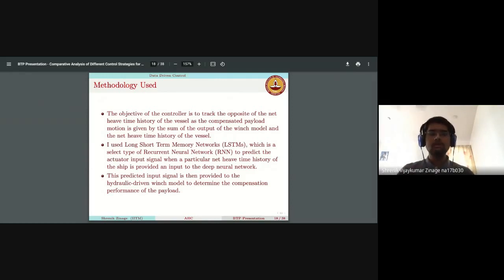I want the LSTM network to primarily learn that it should track this particular offset or that particular offset. So for that, I need to use a particular controller to make sure that the output oscillates about that offset, so that I can give a lot of that data to the neural network for it to learn. That's why I gave the training data from the PD control input and not just randomly give some control input, get some output, and directly feed it into the neural network.